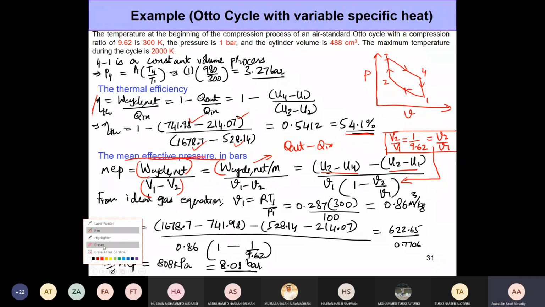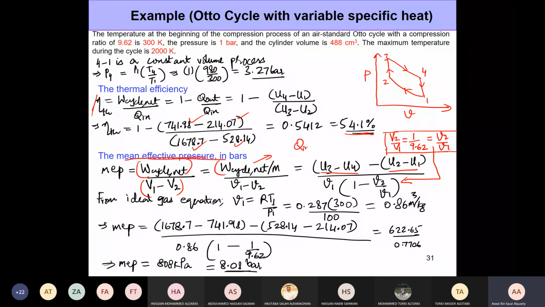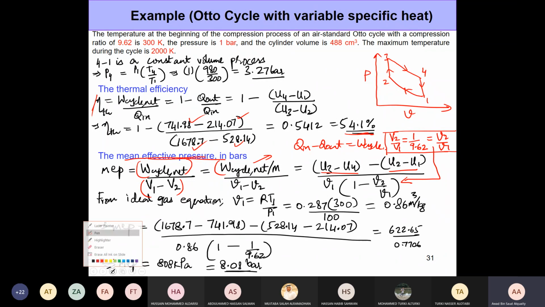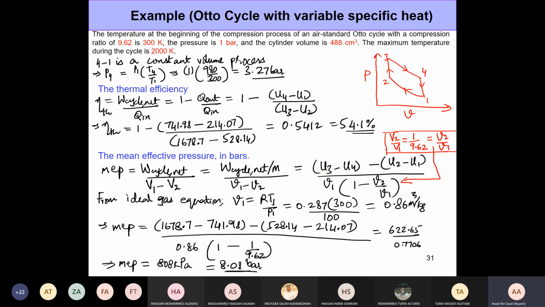Okay. It's the same thing, right? It's going to give you the same values. So Q in minus Q out is also equal to the work done in the cycle, the net work done. So either way you can do it. Here I'm showing you using the other method. And here for the thermal efficiency, we use the Q out and Q in thing.